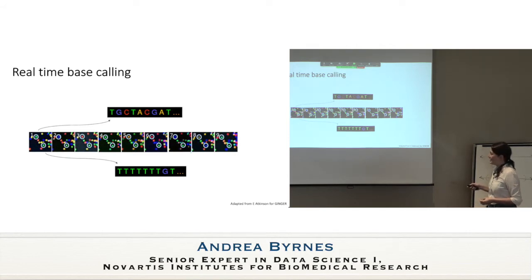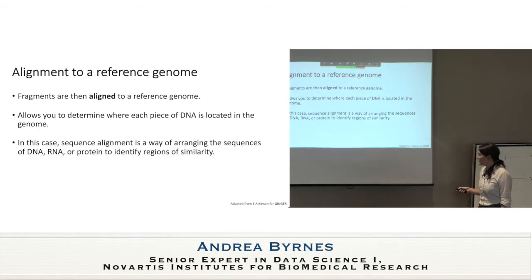That's this little dot. And you can see that it stays green for several cycles. And so you're just reading T's until you get a G, and so on. And so this technology was transformative in and of itself, just that you can sequence this many bases this quickly, that we're not relying on a different segment of DNA to call each and every base.